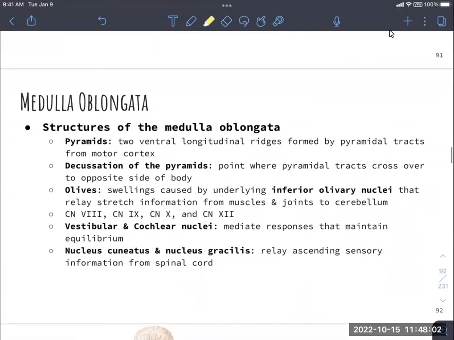So again, we have those pyramidal tracts that go from the motor cortex. It's going to be found in the pons. It's found in the medulla. The fibers or the nerves that are going down from those motor cortex.